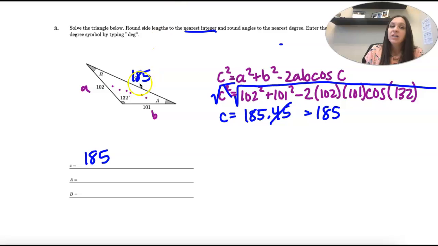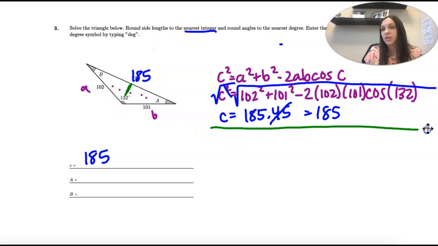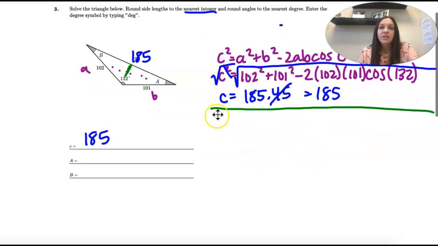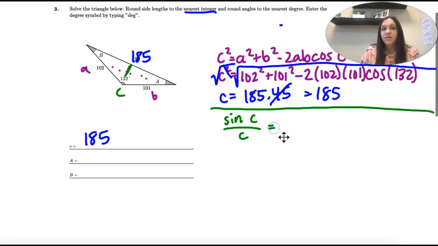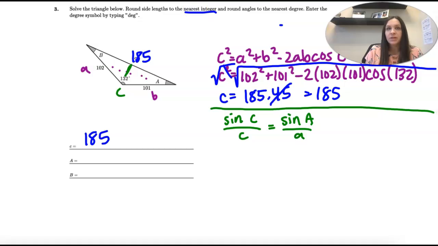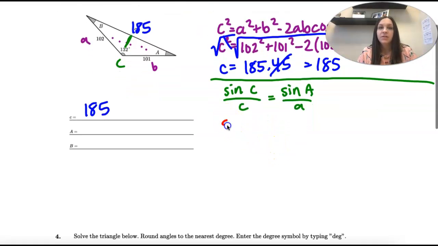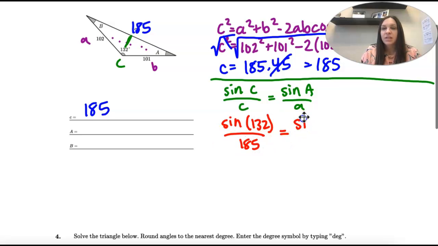So finding the angle with the opposite side, that opens us up to use law of sines. Okay, so I can use sine C with side C to find angle A or B. So let's find angle A using side A. So sine of 132 over 185 equals sine of A over 102.